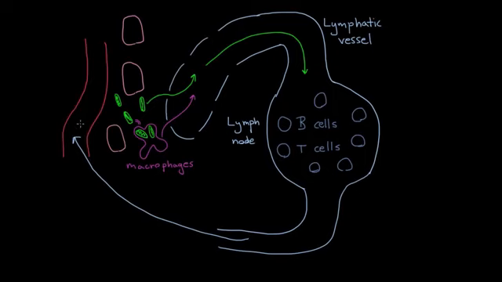And that would be a problem because, as we said, infections of the blood are way more serious than local infections of tissues. So this lymph node acts as a filter for the lymph which is passing through here. It also has some macrophages here that are going to help gobble up some of the bacteria that might be floating through.